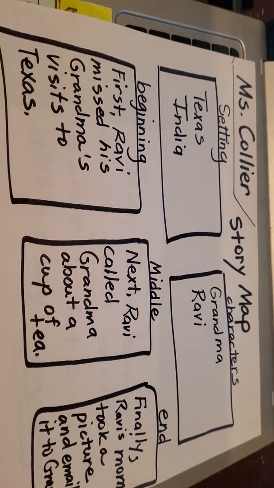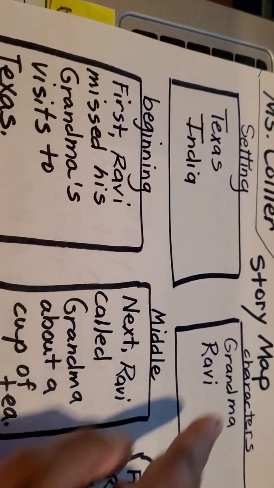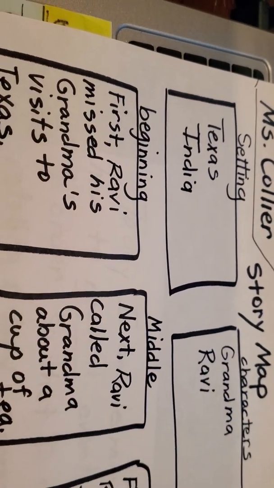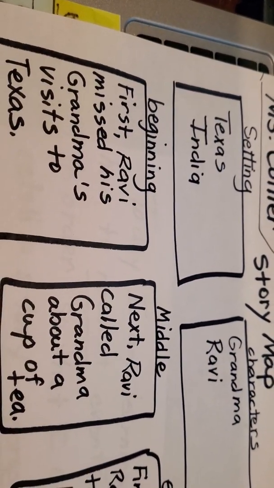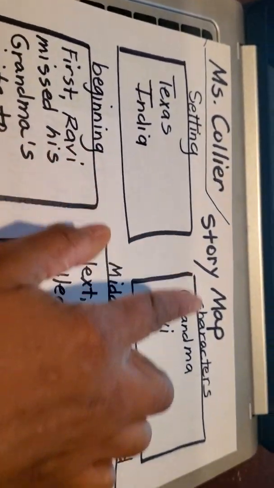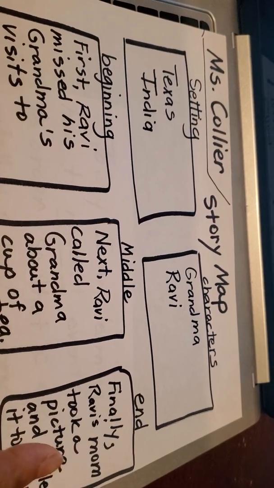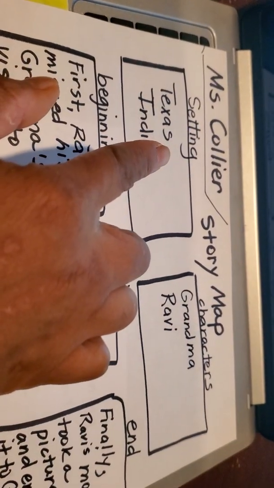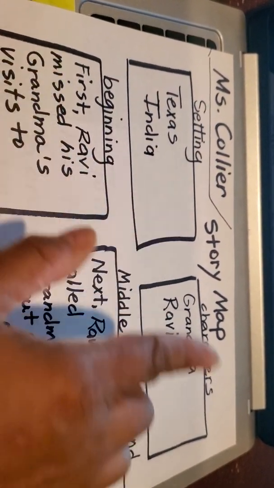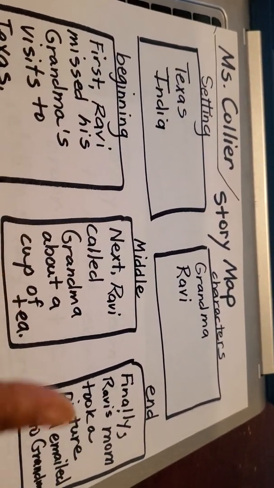So we have our name at the top. You put your name at the top, and this is called a story map. And then you have 5 parts. You have your setting, your characters, beginning, middle, end. Setting, that's where the story takes place. Characters, beginning, middle, and end.